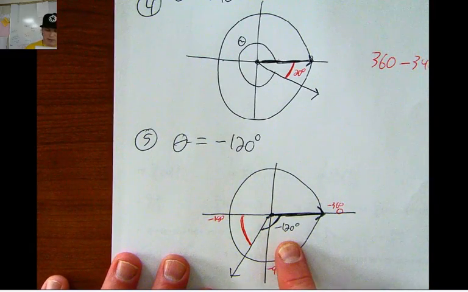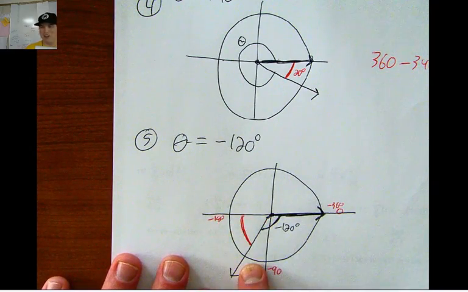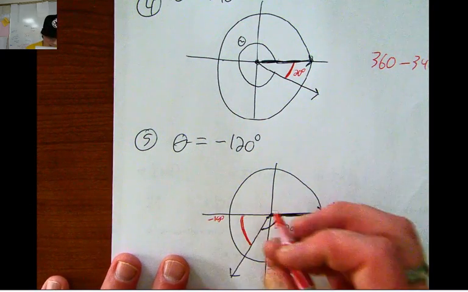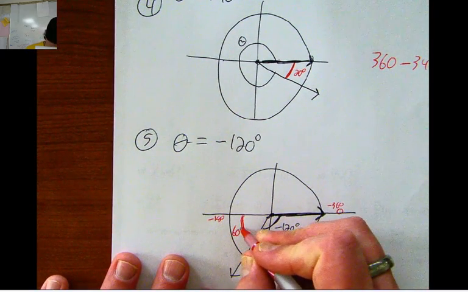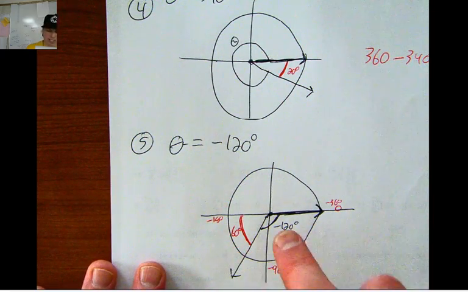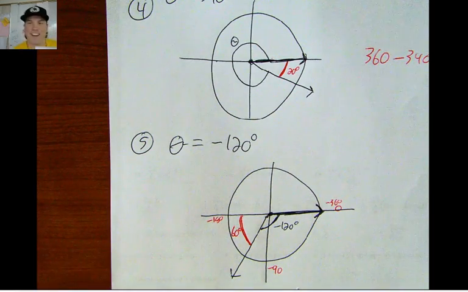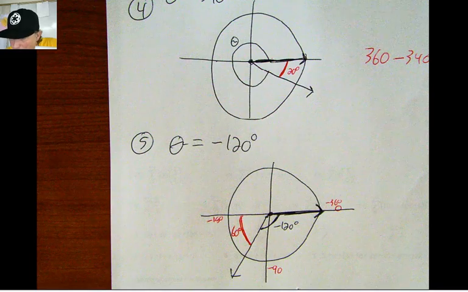And if this is negative 120, that means that you need to travel another 60 degrees to get to the x-axis. And like I mentioned before, the reference angle is always positive, no matter what. So even though this answer is negative, our reference angle is still positive. All right. So that was reference angle and just drawing angles.